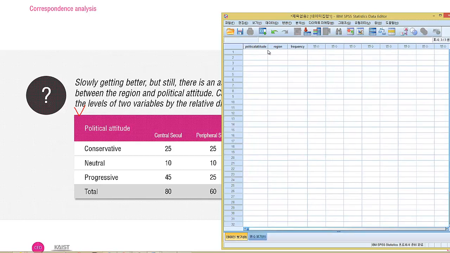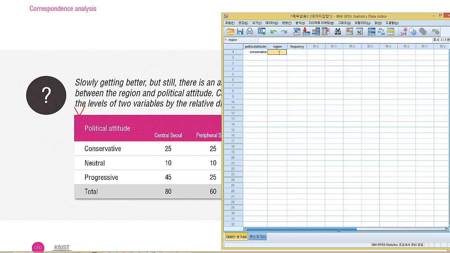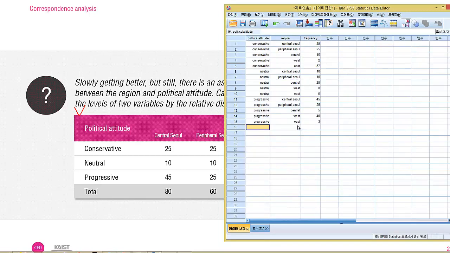So here, I have created 3 variables, and for conservative central Seoul, we have a frequency of 25, and conservative peripheral Seoul, we have a frequency of 25. So like this, the information presented in this cross tabulation is now reorganized in terms of 3 variables.